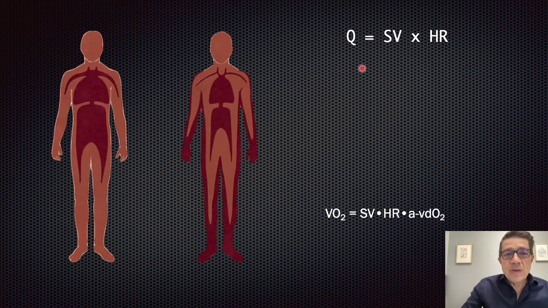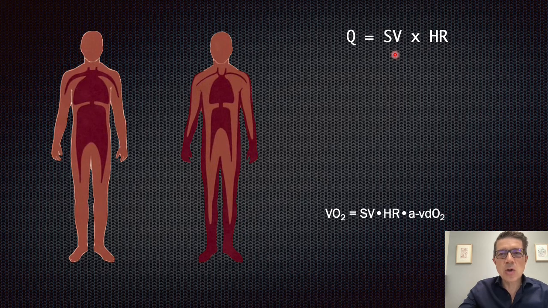So if we concentrate on this component, cardiac output, where we have stroke volume and heart rate, if less blood returns to the heart, what do you think is going to happen to the stroke volume? Let me give you the answer. Stroke volume is going to go down.